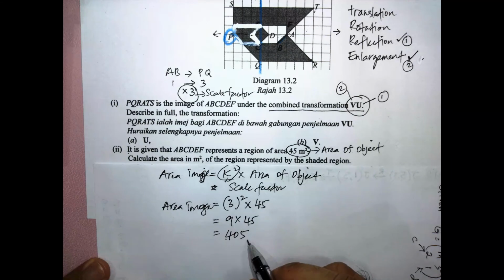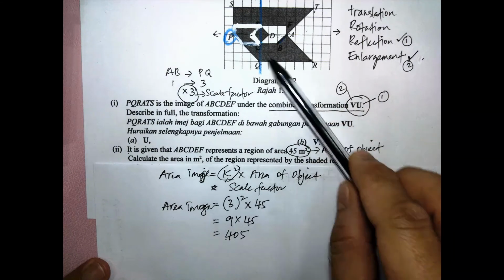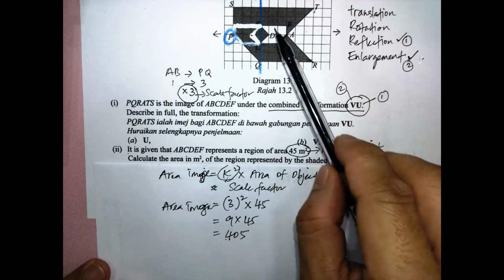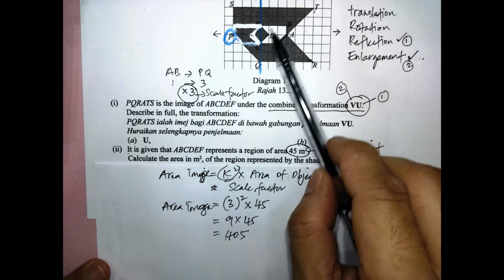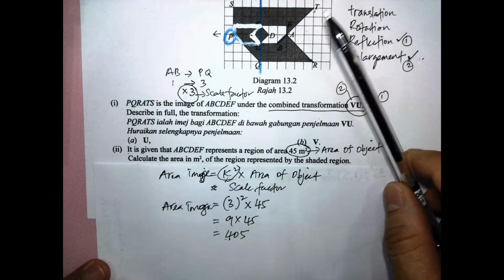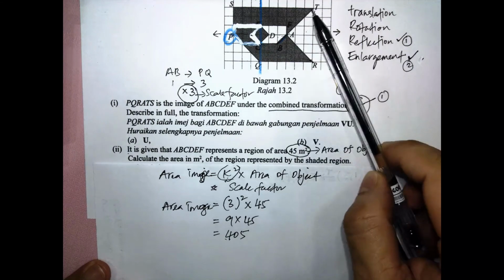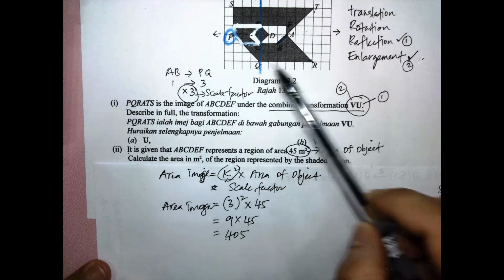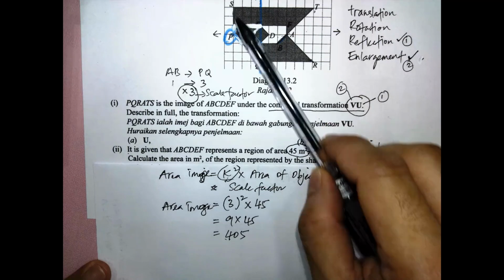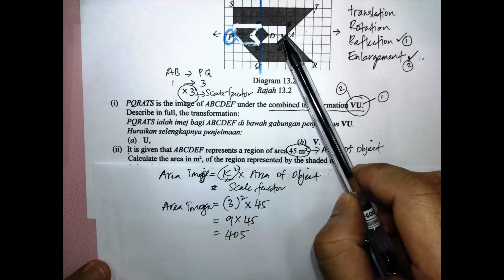But this one is the total area of the image, including the one in white color, meaning we don't want this actually. From this formula, we obtain the total area of the image, meaning from P, Q, R, A, T, S, the whole thing. But we don't want this one because this one is inside and is not in the shaded region.